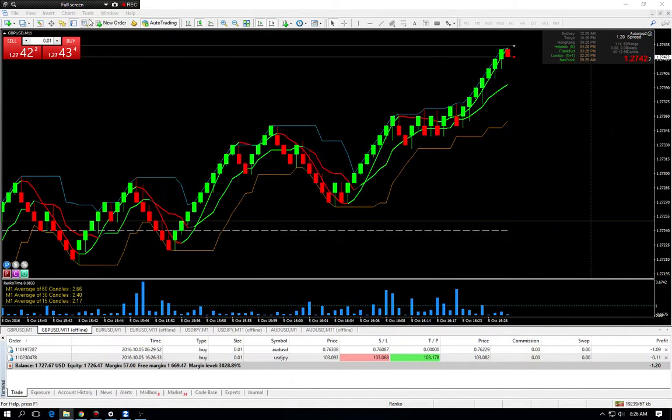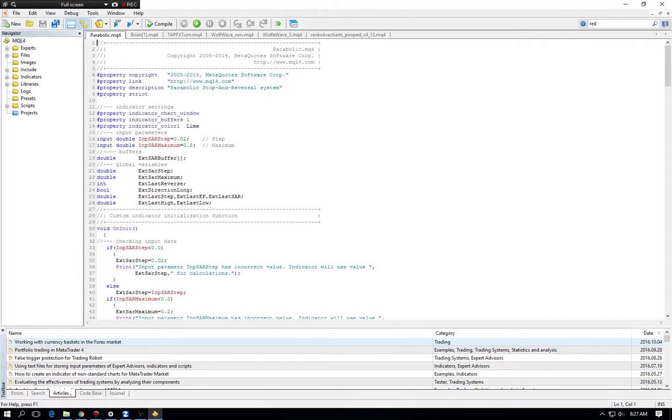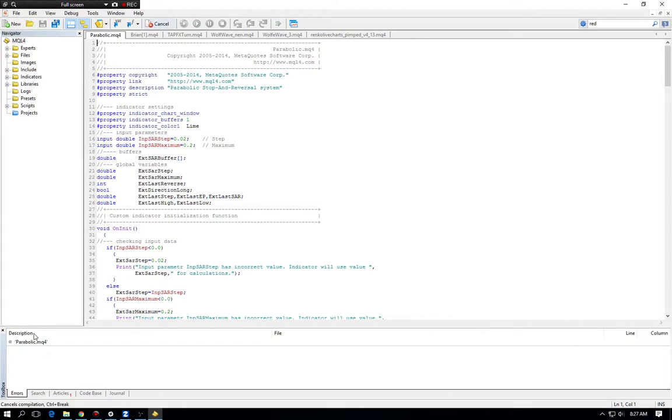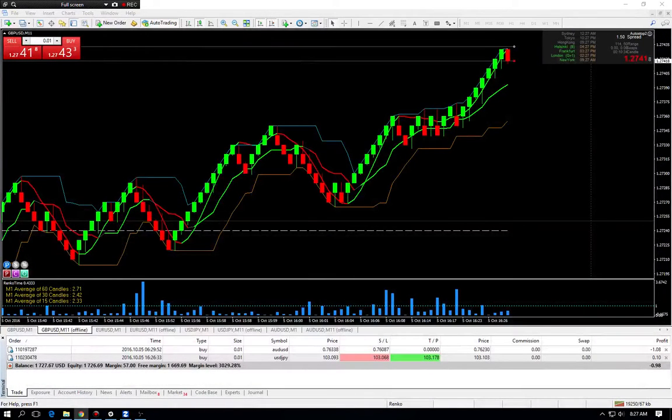Okay, let's get those in there so I can see them. And compile. That's done. Now we should be able to see the indicators.